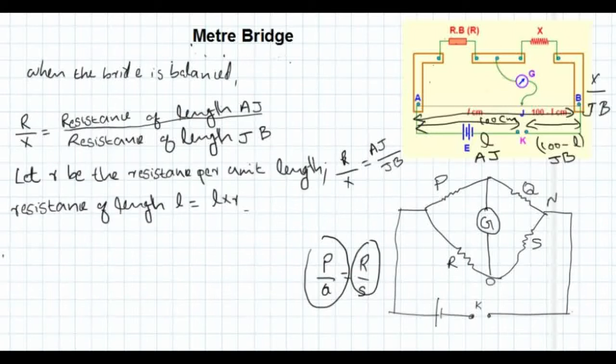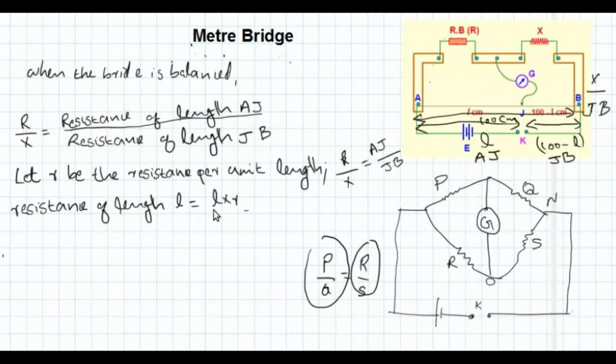Now, let small r be the resistance per unit length of this wire of length 1 meter. So the total length of this wire is 100 centimeter, that is equal to 1 meter. Then what is the resistance of the length AJ?